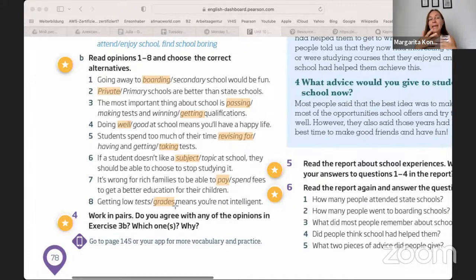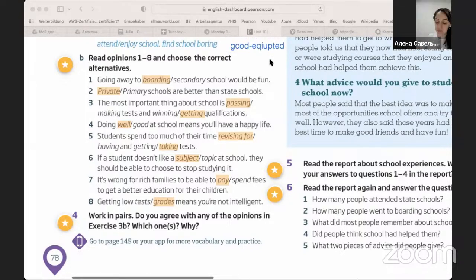Right. And maybe some private schools are a little better equipped. What is better equipped? So, equipped. Equipment is оборудование, right?